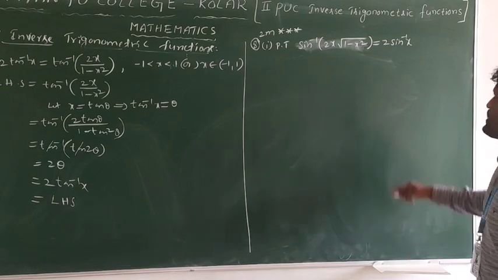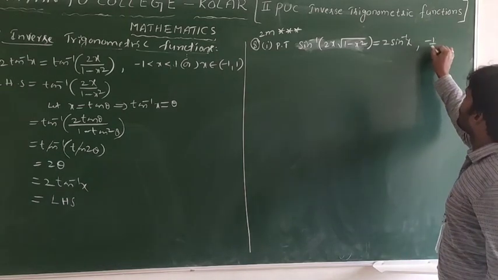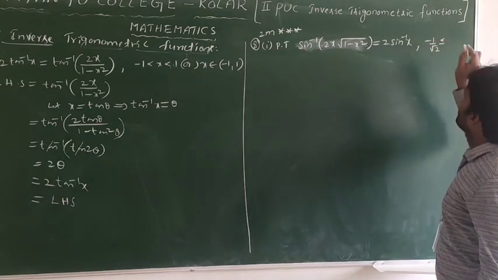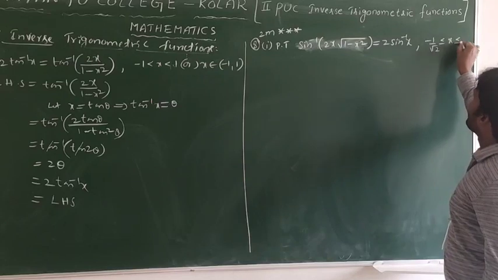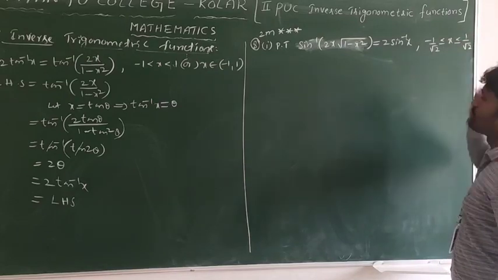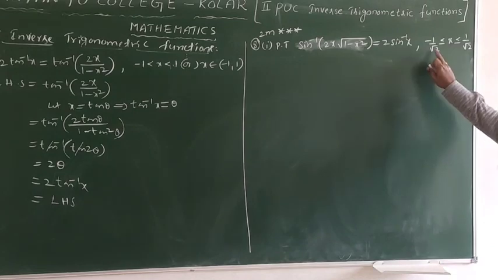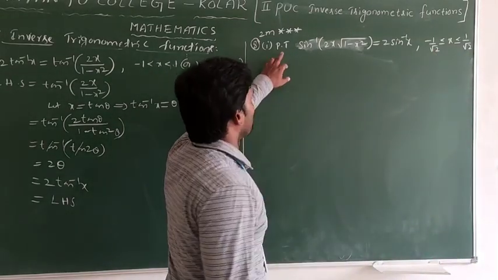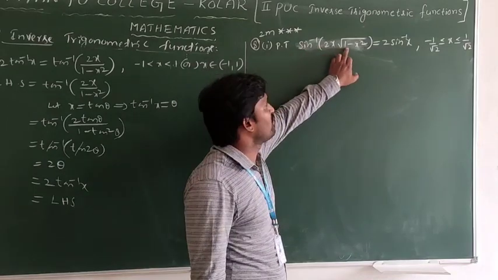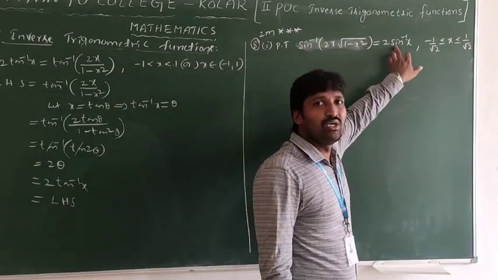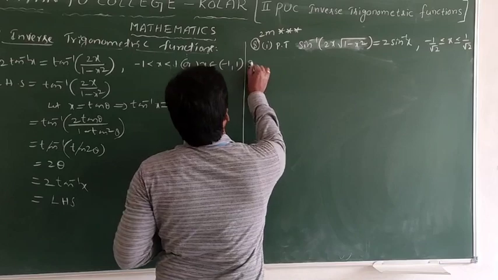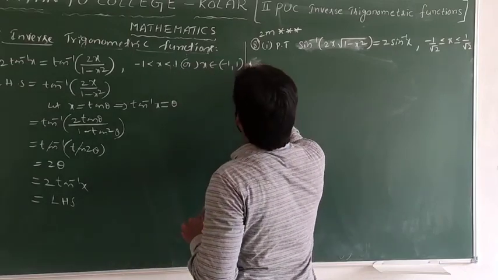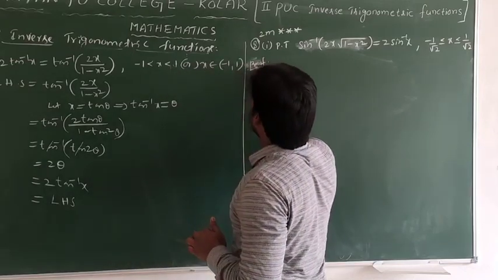The limitation I take here is that the value lies between minus 1 by root 2 and plus 1 by root 2. This is the question. You have to prove that. This one we can prove from the LHS only.